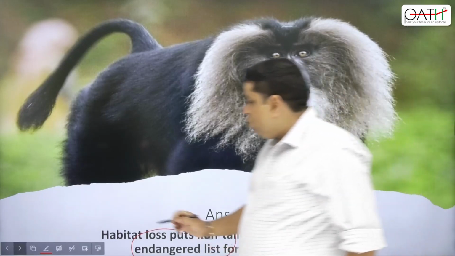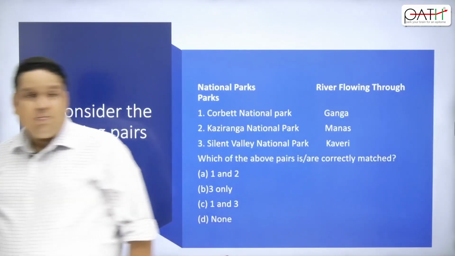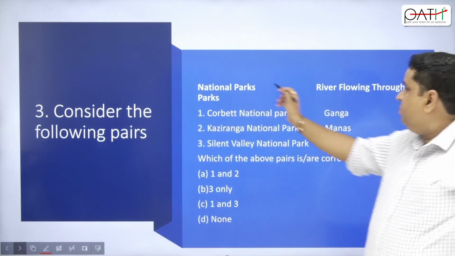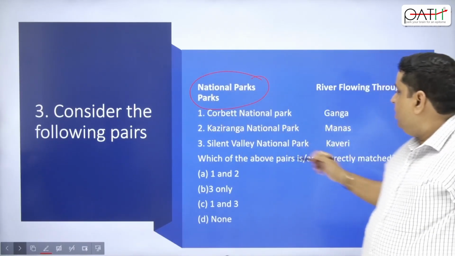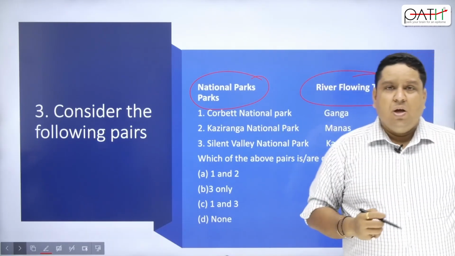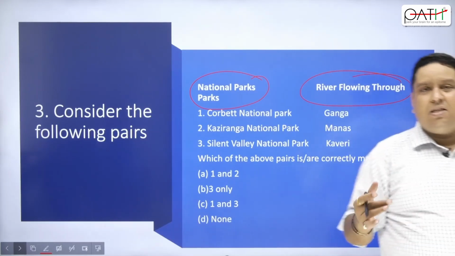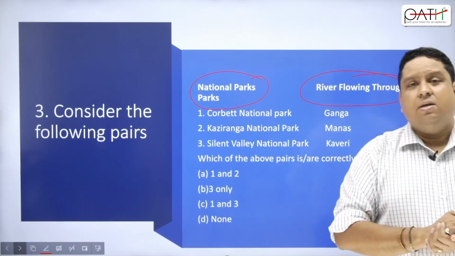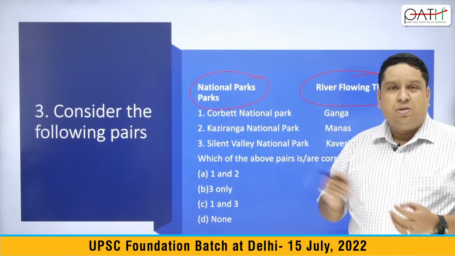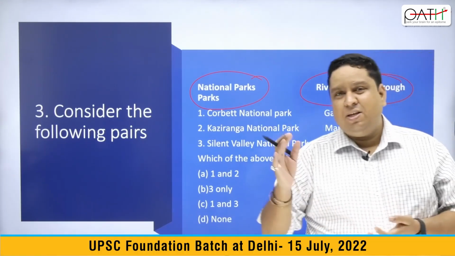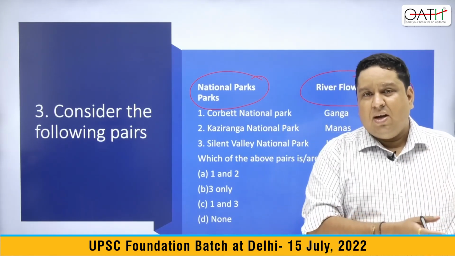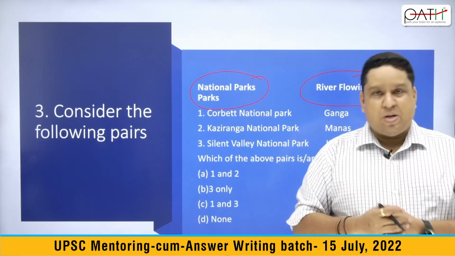Let us come to the next question now. So one side we have national parks, another side we have rivers flowing through. Now in the last 10 years, UPSC has evolved much innovation in the topic of rivers. Gone are those days when UPSC was simply asking about river on one side and tributary on the other.